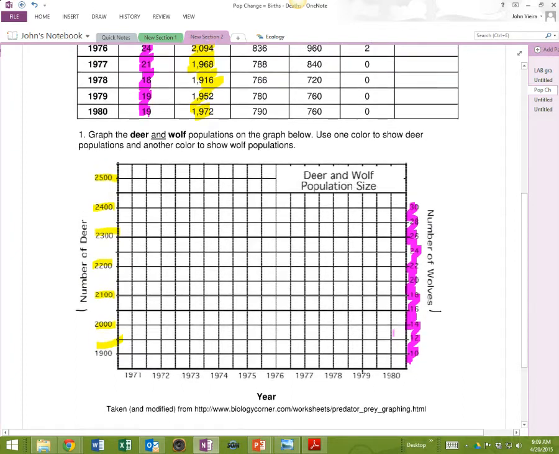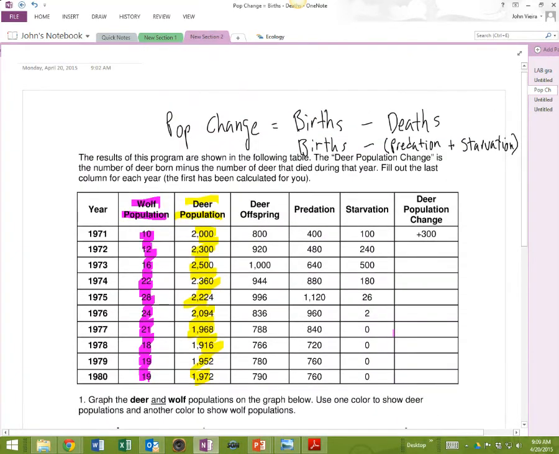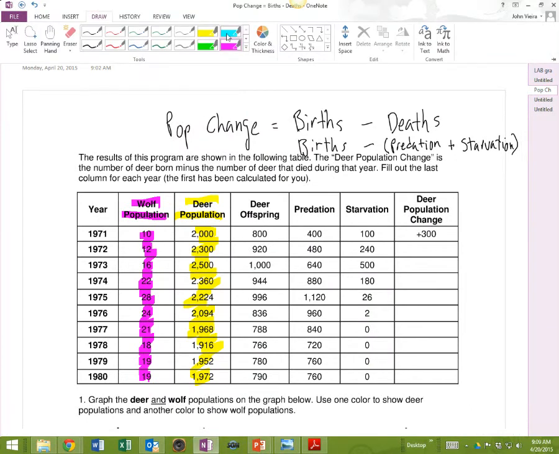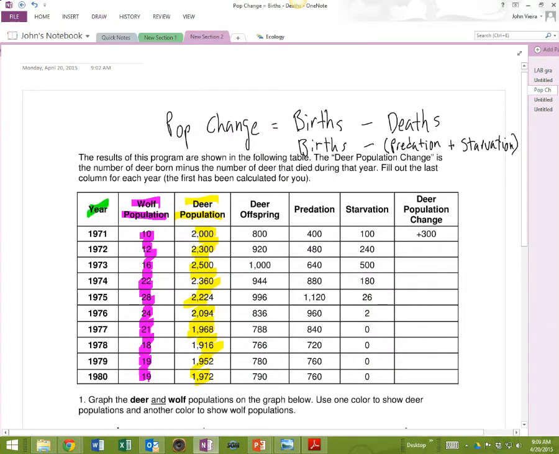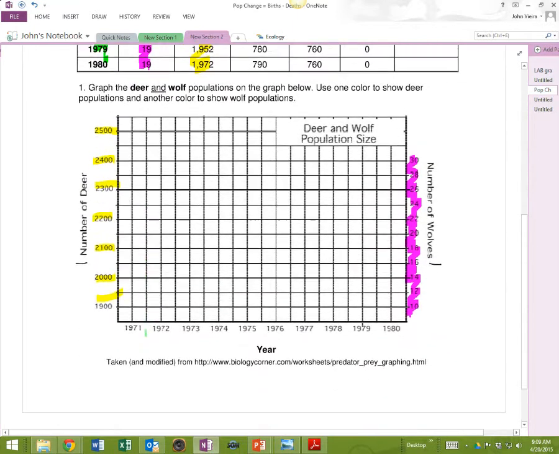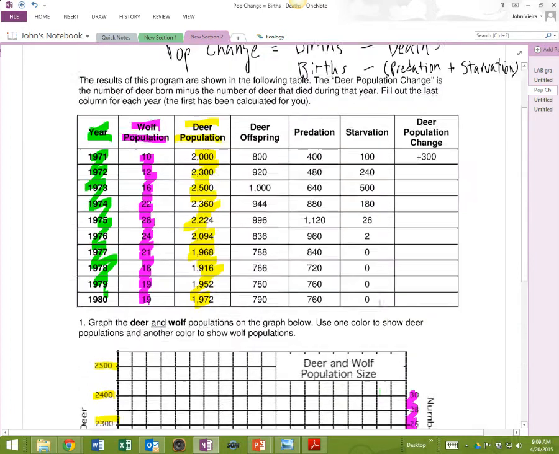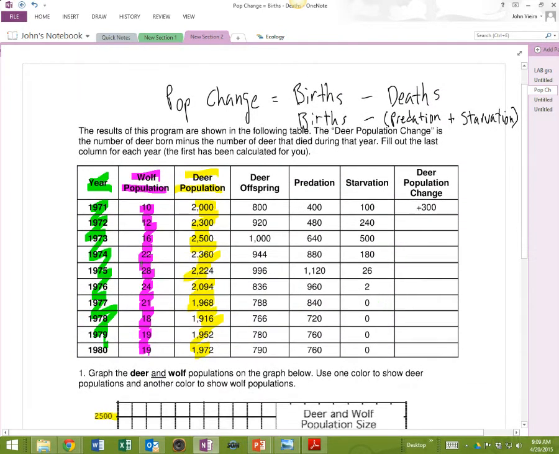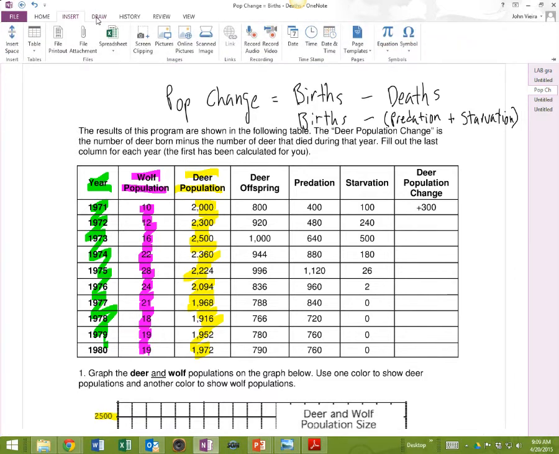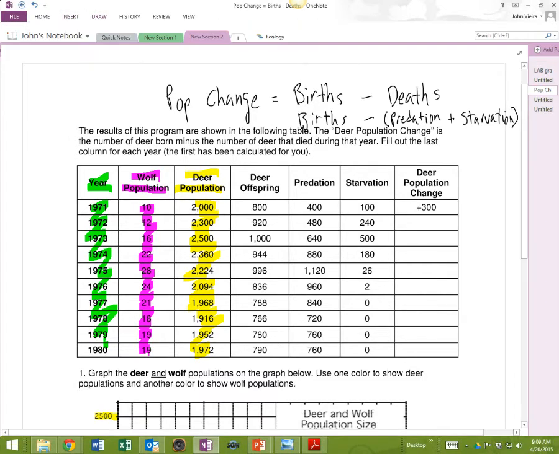Okay, and then the years, which are on the bottom, right, these years right here is shown right there. Now let me do one example of how to calculate population change, and then it's all you guys.